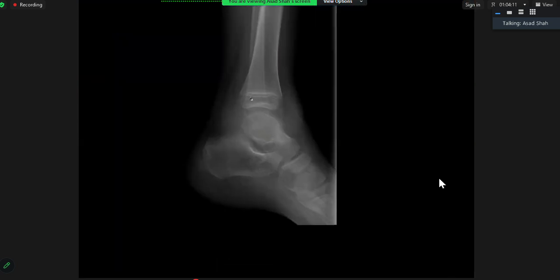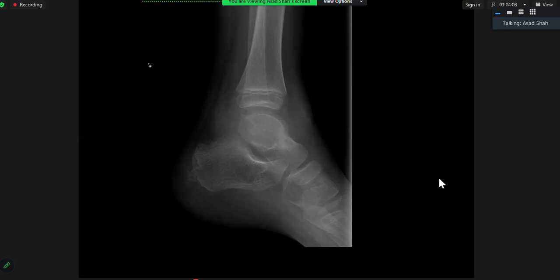So this is a 10-year-old, and he has a few month history of atraumatic ankle pain. Okay, this is a lateral radiograph of the ankle joint of a skeletally immature patient.